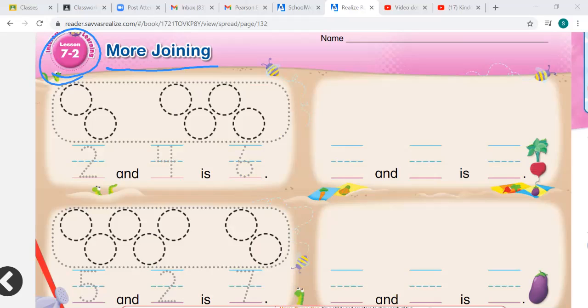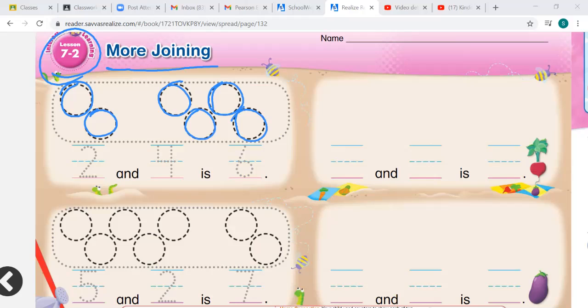Right here, we're going to draw 2 counters, and that is showing 2 tomatoes on one plant. Then we're going to show 4 tomatoes on another plant. So we're going to trace these 4 counters.